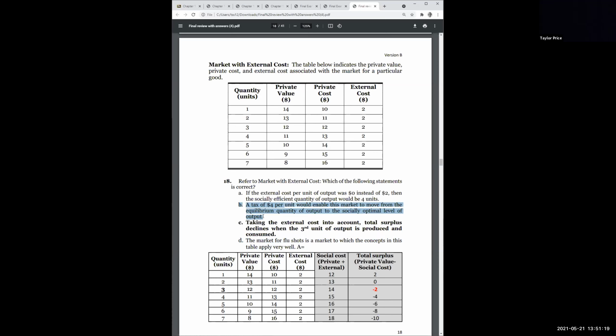And B, we were also able to eliminate quickly without even looking at this. If you were really rushed for time, you wouldn't even need to do these 2, because you would just see that for 3, the private value equals the private cost. So A is also not correct, and that would leave C as the only possible choice. Okay.